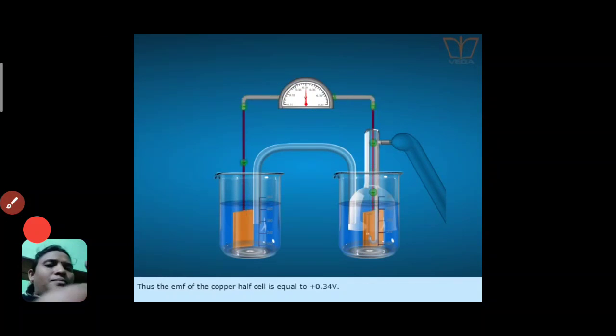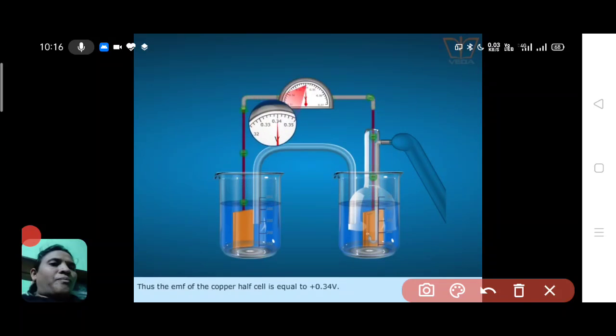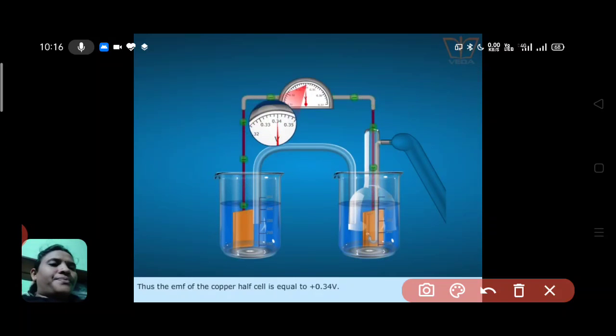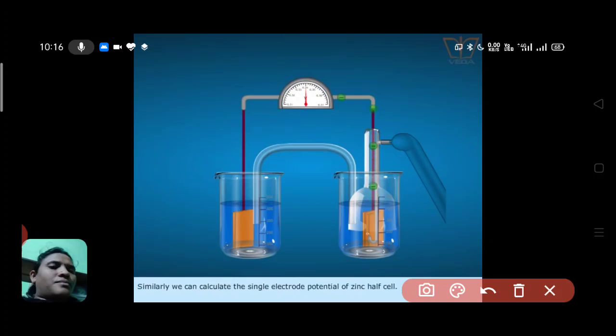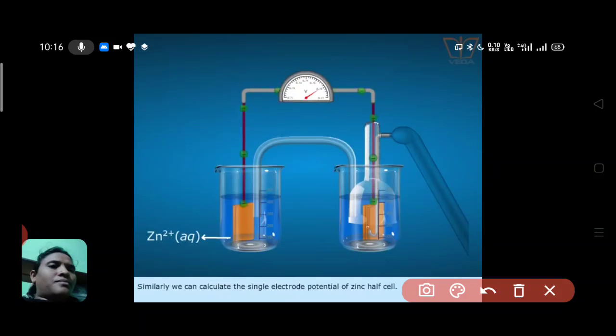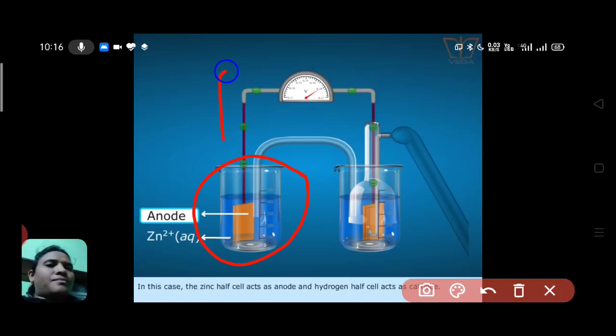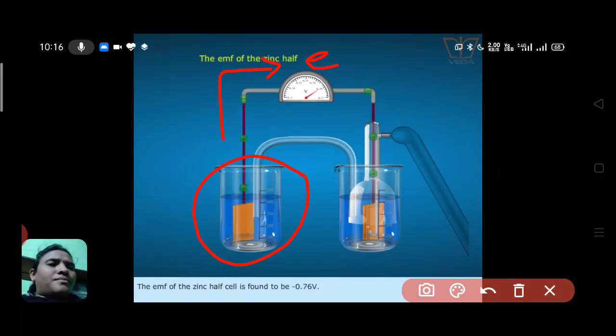Thus, the EMF of the copper half cell is equal to plus 0.34 volt. Similarly, we can calculate the single electrode potential of the zinc half cell. In this case, the zinc half cell acts as anode and the hydrogen half cell acts as cathode. The EMF of the zinc half cell is found to be minus 0.76 volt.